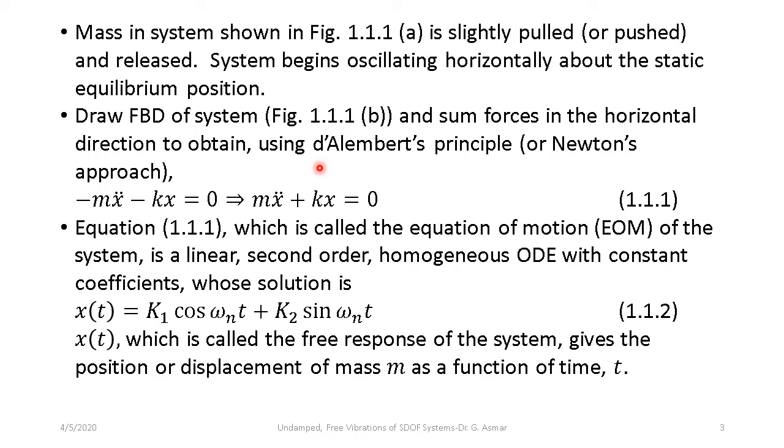and a force which I also show acting opposite to the motion. Motion is to the right, opposite to the motion is to the left, and that is equal to m x double dot. Now, m x double dot is not a real force, but if you use D'Alembert's principle, it considers that the inertia term is a force, although it's not a force.